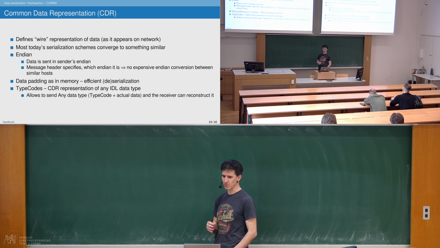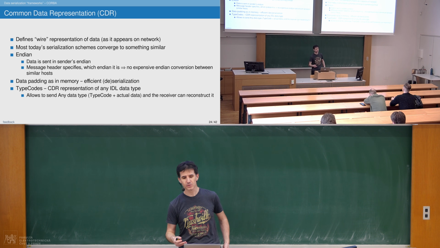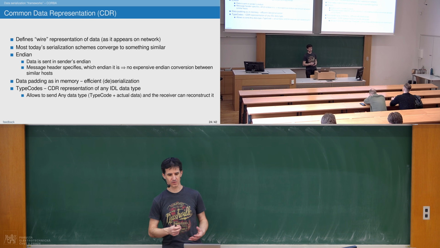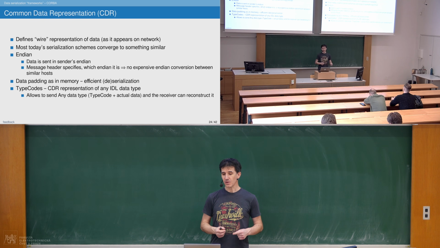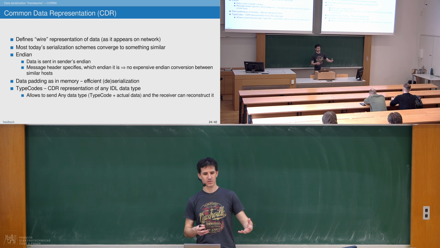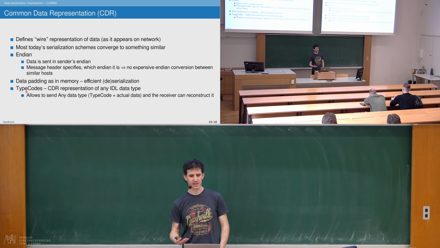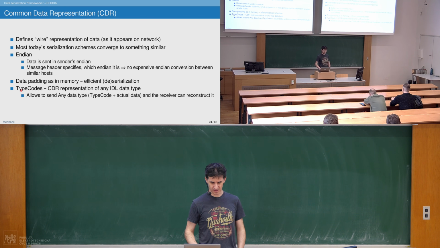By using those type codes, it was possible for two programs to communicate with each other without knowing the content of the data in advance, because if the program first sends the type codes, then the other side understands how to decode the data, how to create objects, and so on. So this was used in Corba as well.